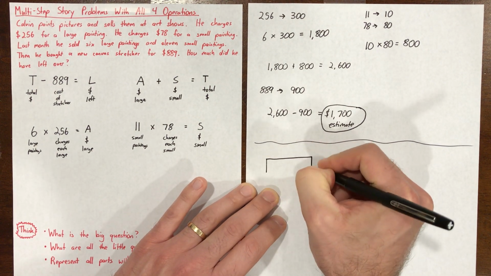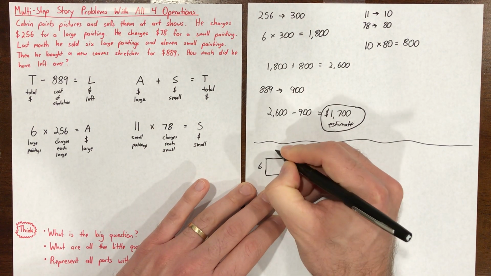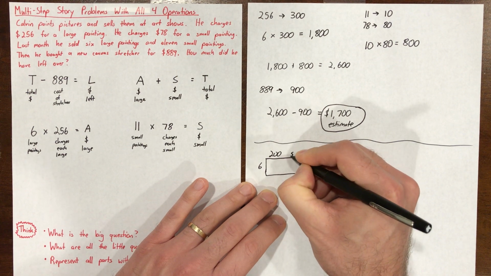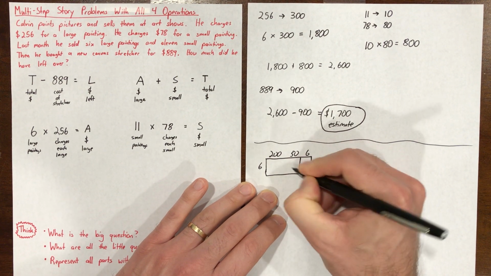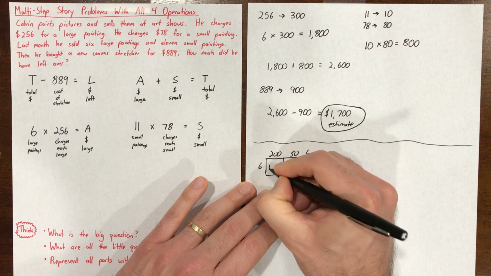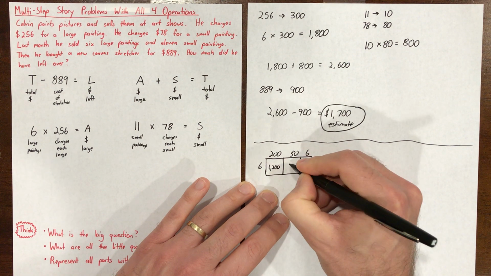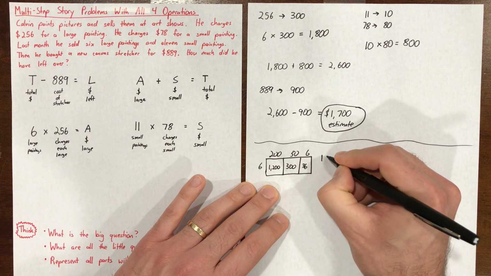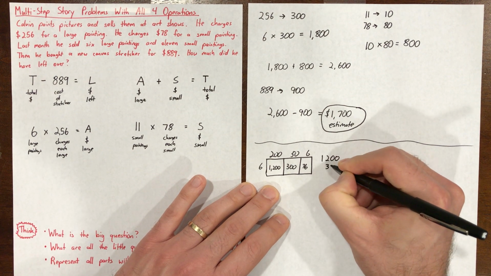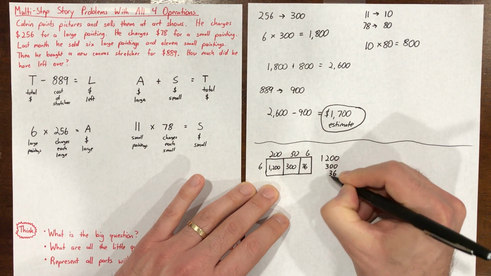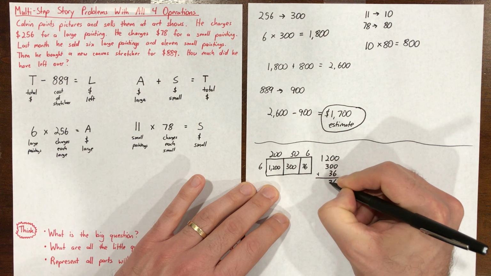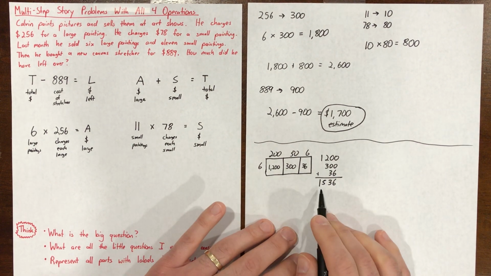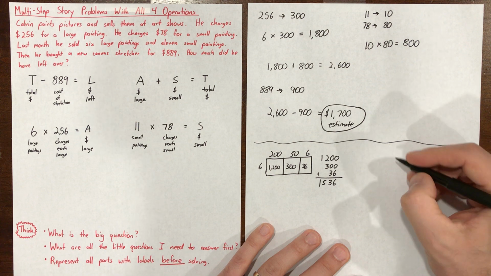So I'm going to quickly set that up. 6 times 256. 6 times 200 is 1,200. 6 times 50 is 300. 6 times 6 is 36, so we add those together. We get 1,536 there.